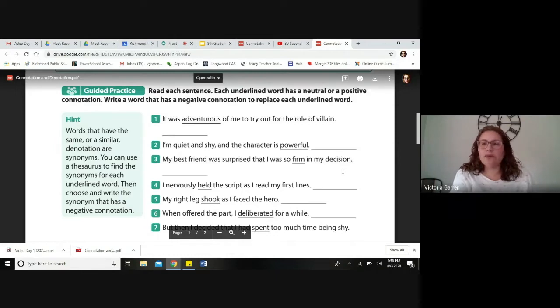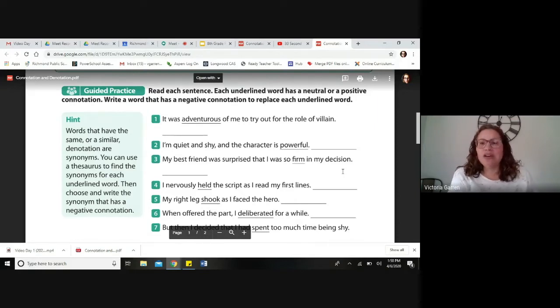So the word powerful has a positive connotation or meaning to it, and we need a negative connotation. If someone were to call you pushy, meaning that you're always in somebody's face, pushing them around, that would be a very negative connotation. So we could use the word pushy here. I'm quiet and shy, and the character is pushy. Another word for pushy is domineering.